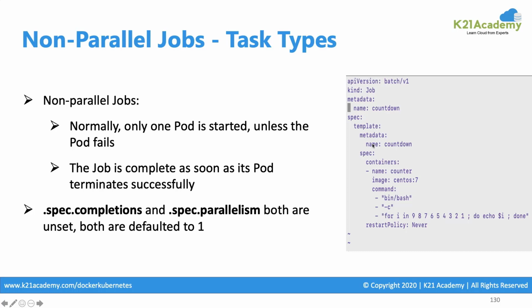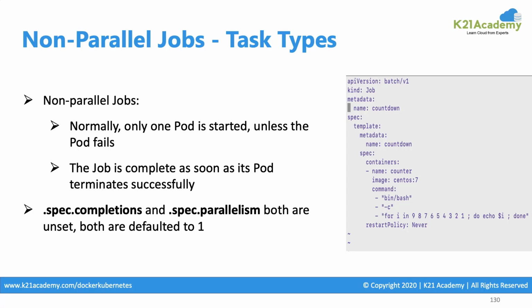Metadata has the name of the pod, which is also countdown, and the specification which has the container's definition. Name of the container is counter. The image with which it comes up is CentOS 7. And as soon as the container starts, it executes bash as the primary process and it starts counting.